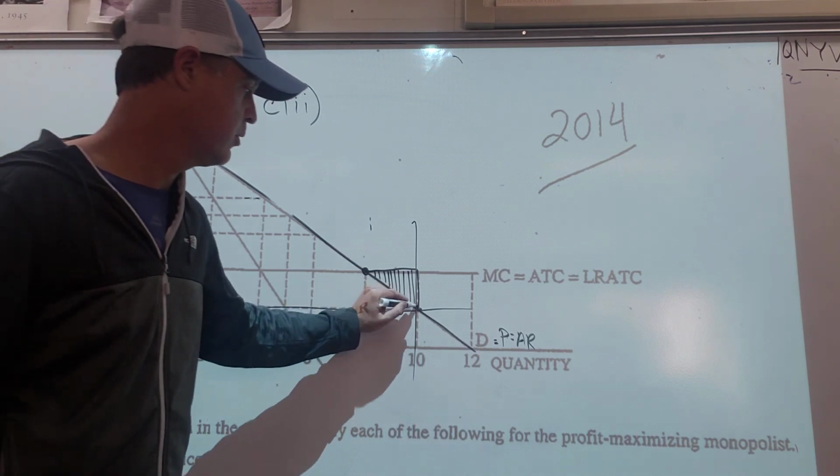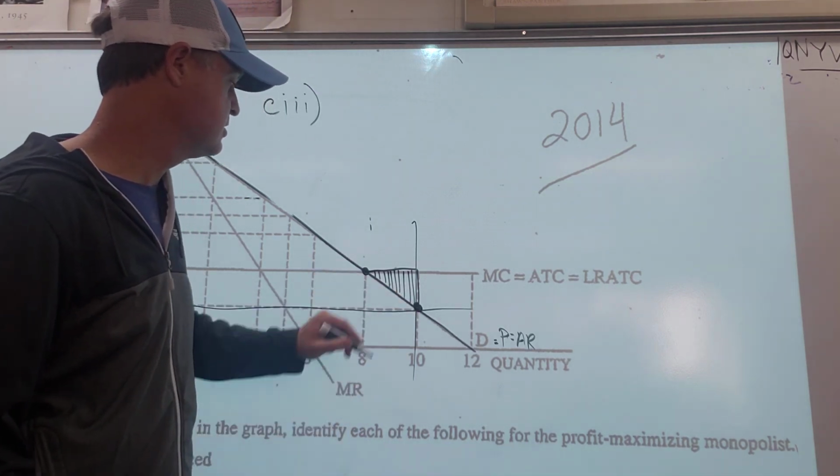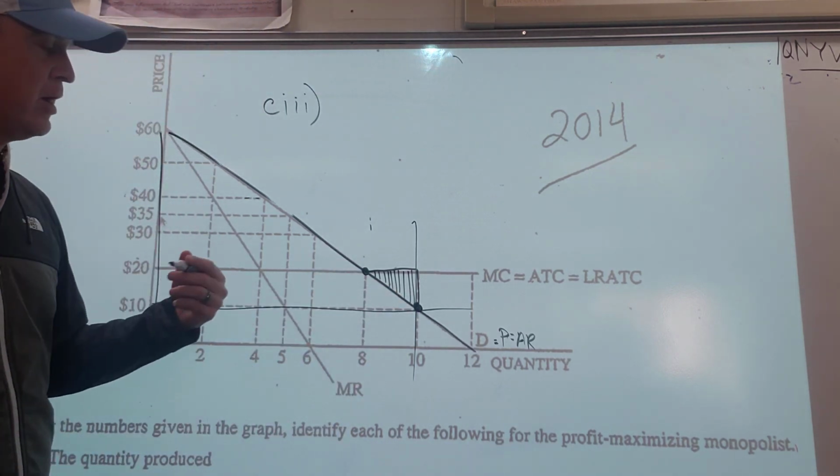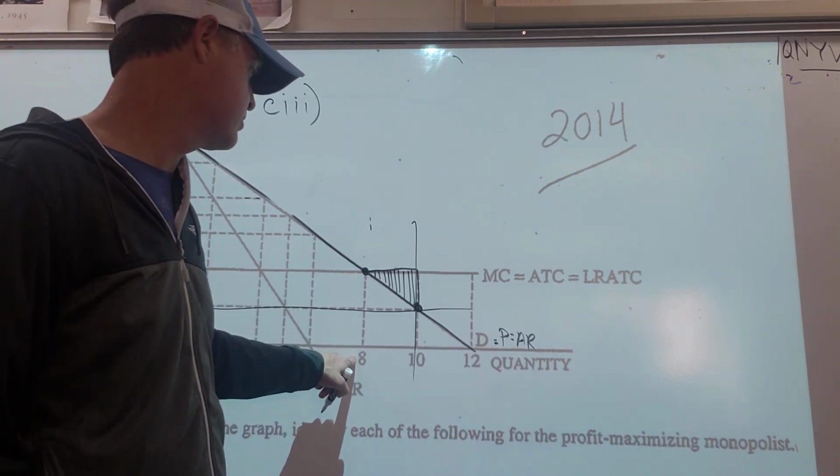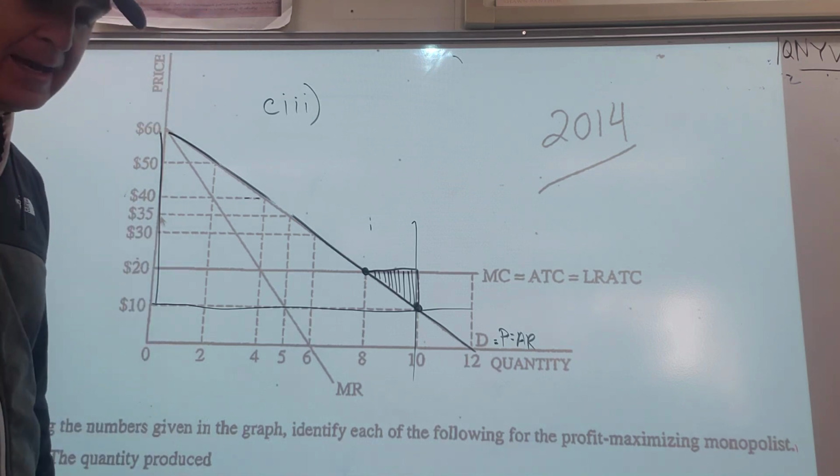Okay. The difference between where we are producing right here and where society wants us to produce is the deadweight loss, and in this example, we're actually overproducing the good. Society wants 8 produced, we're actually producing 10.